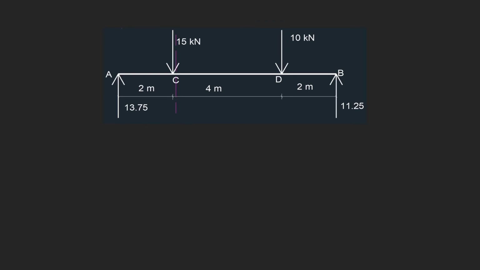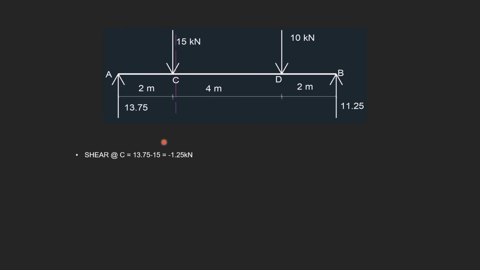Now let's consider the section at C. Just after C you can place the section. Here on the left side we have 13.75 and 15, two loads. On the right side also we have two loads. So any side you can consider. Here I am considering the left side of the section. On the left side we have an upward force which will be positive and this downward force will be negative.